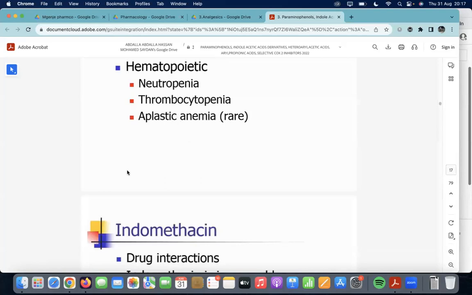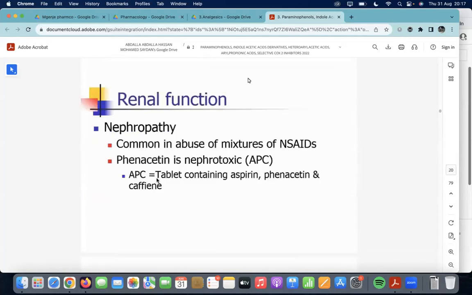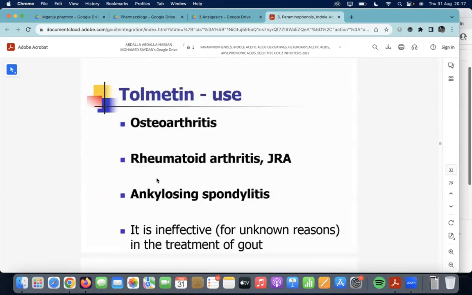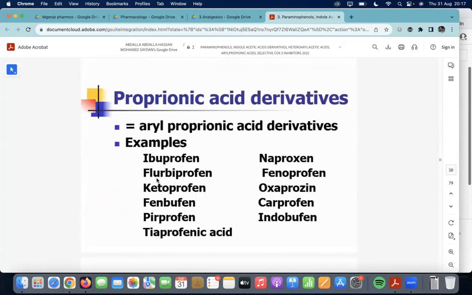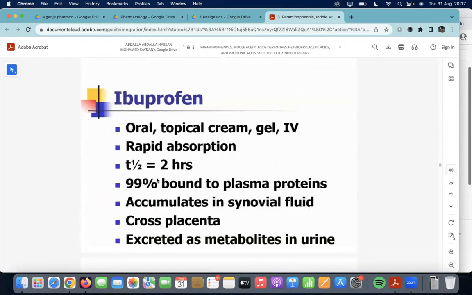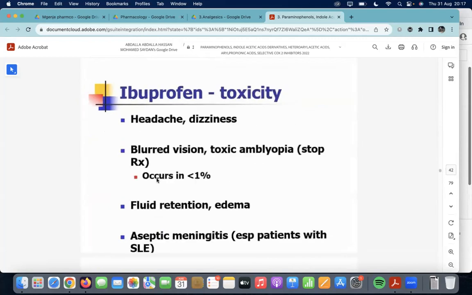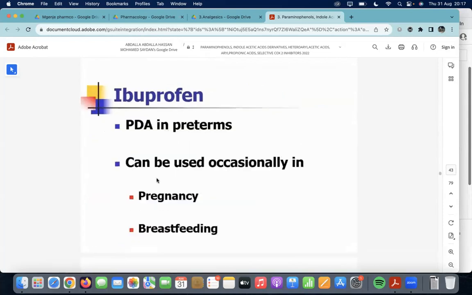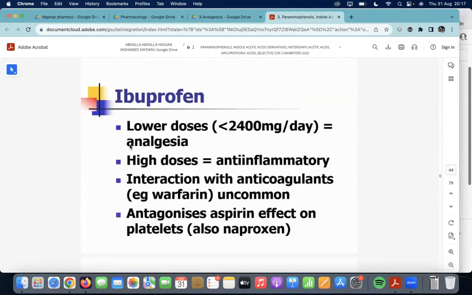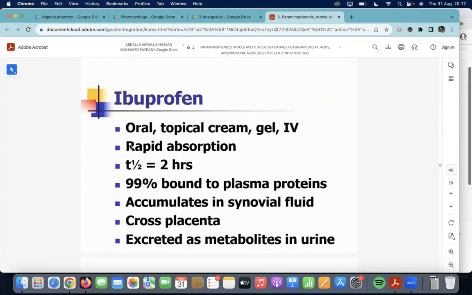Slide 40. Okay, the answer to this is in slide 44. Ibuprofen is given orally, as a topical cream or gel, or intravenously.